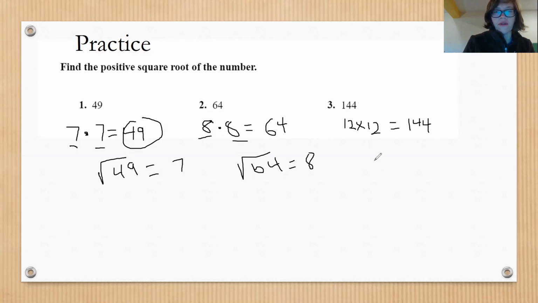So if I'm trying to find the square root of 144, I'm going to look back up here and see that 12 times 12 gave me 144. So I know the square root of 144 is going to be 12, right? Let me go ahead and pause here.